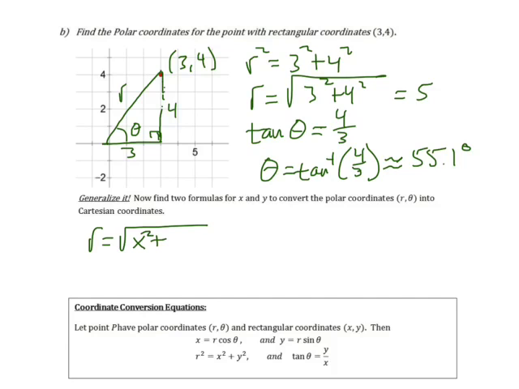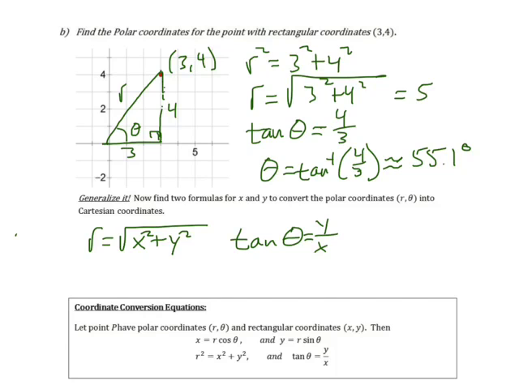Okay, so to generalize it here, the radius was just the square root of x squared plus y squared. That was easy stuff. We can see that the tangent of theta is just y over x. All right, so that converts from Cartesian coordinates to polar coordinates. Okay, the other way around.